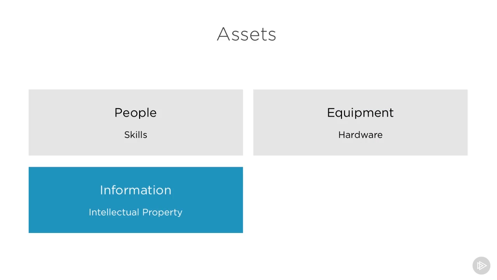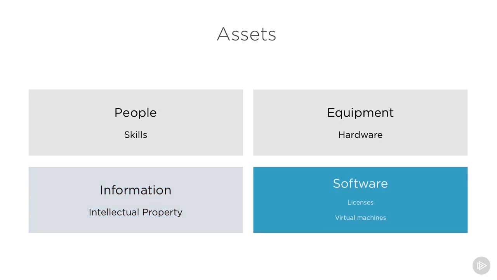We also have to understand the assets related to information. What information do we as an organization process, store, and are we therefore responsible for? Do we have intellectual property that needs to be protected? Anything from financial reports to, of course, employees' health records, all sorts of information we have that must be identified and adequately protected. We also have software.